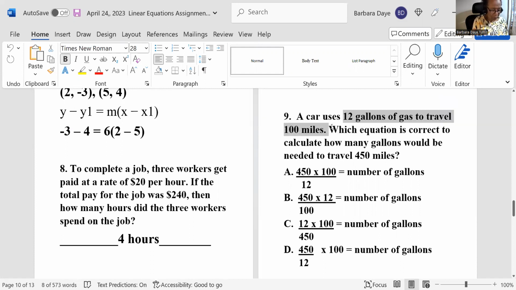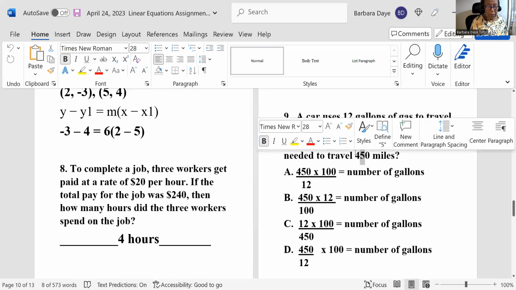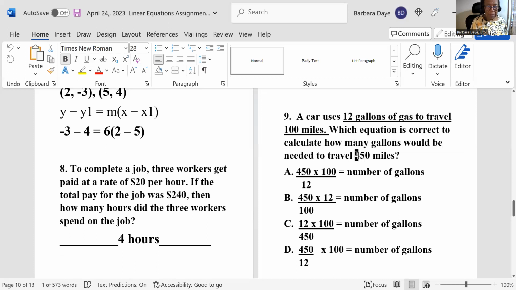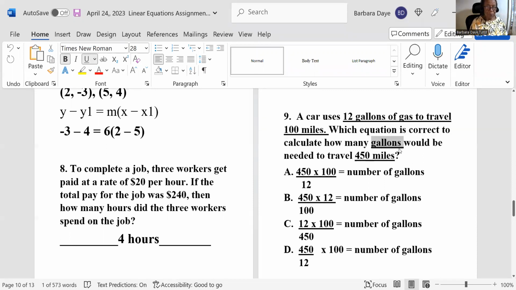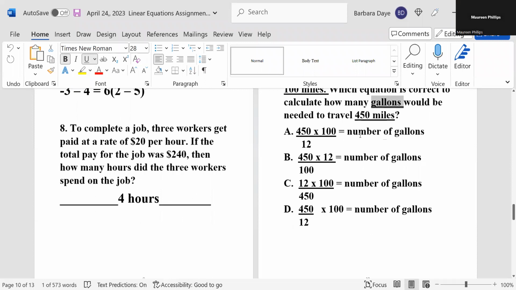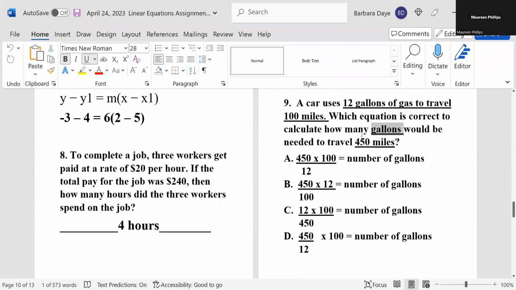So that's one of your ratios. In how many gallons to travel 450? So how would that look as a ratio proportion? Tell me what to write. 450 over 100.